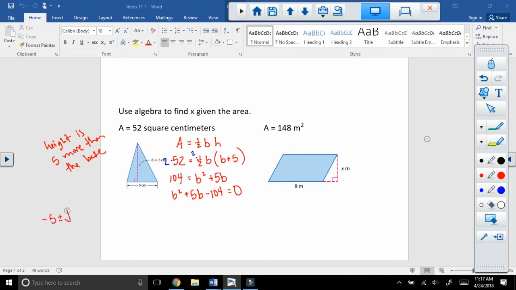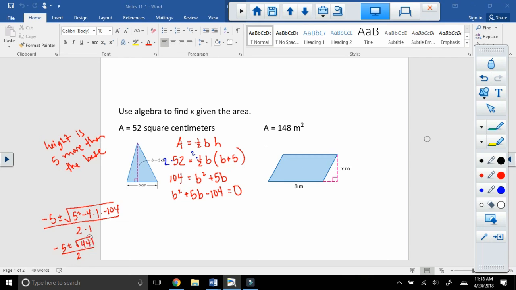Negative b plus or minus the square root of b squared minus 4ac, all over 2 times a. So 5 squared, 25, minus 4 times 1 times negative 104 is 441.